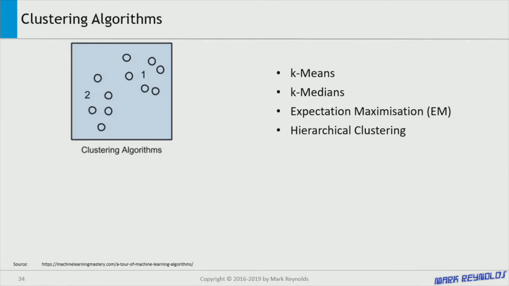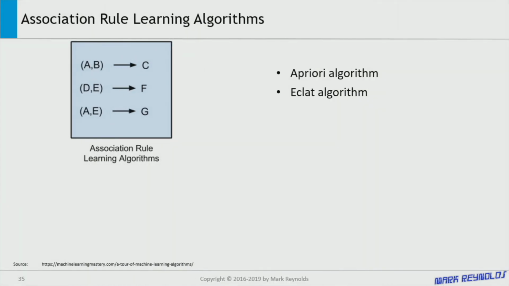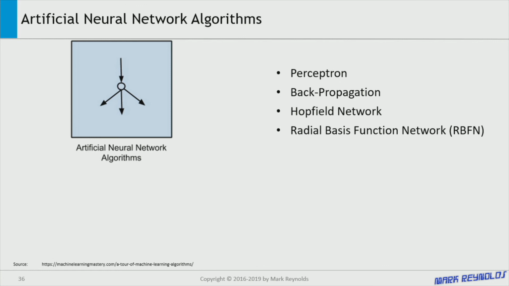Clustering, we've talked about that 2 or 3 times. Association, if A and B, then C. The neural networks. One of the things that really helped me understand it finally, after a couple of years, was the idea of back propagation and initialization.